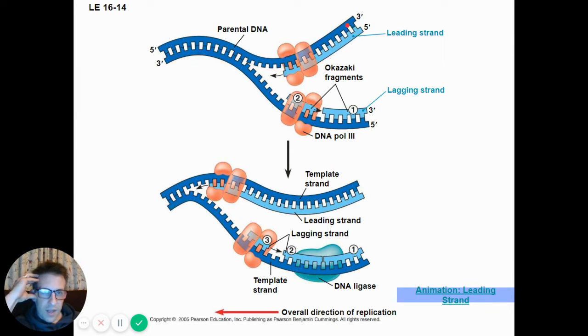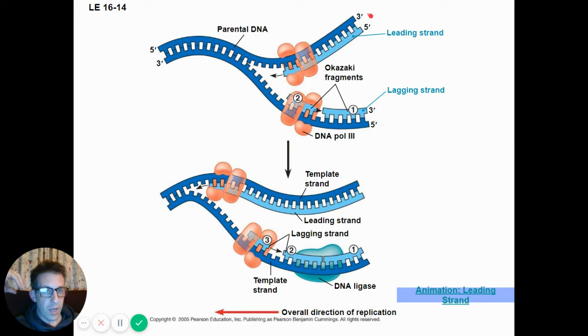We notice that the original parent strand of DNA, this dark blue one up here, is labeled 3'. And what that means is that our new strand, since DNA runs anti-parallel, if we're going to match it up, has to be labeled 5', because that's just the way DNA does. They're anti-parallel. Those edges have to be the opposite of one another.